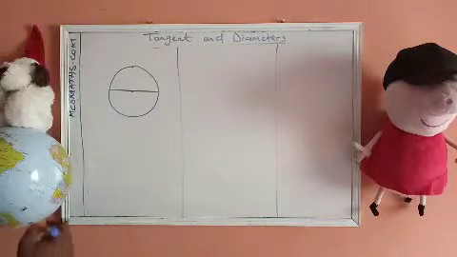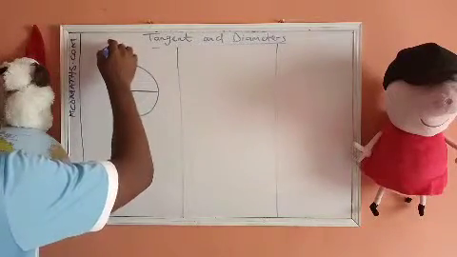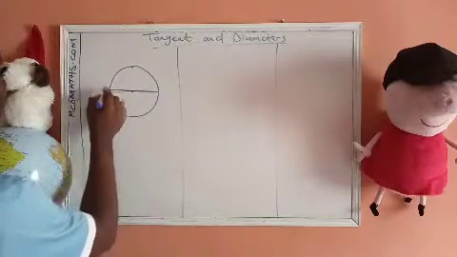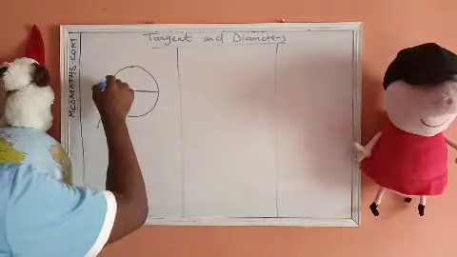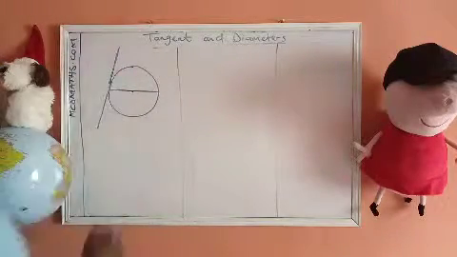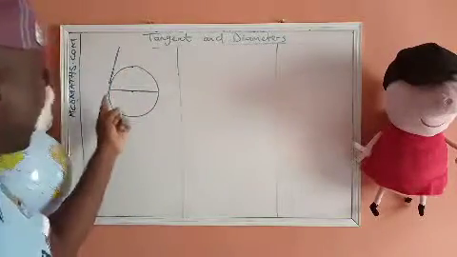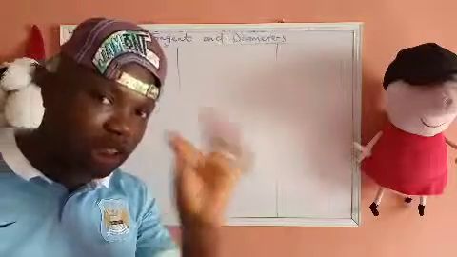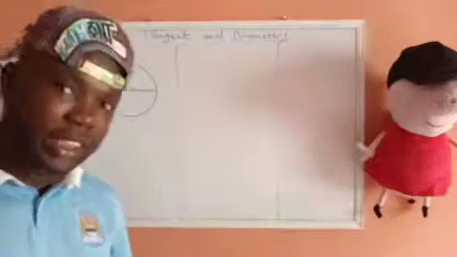Now, any line that you draw that touches the circle without cutting it, touches it at just a point, it doesn't cut it, it just touches it, that is called a tangent.